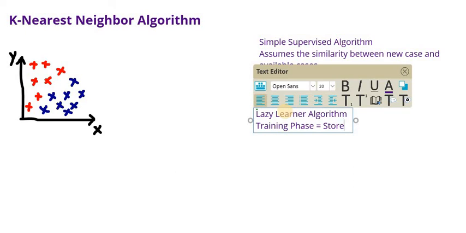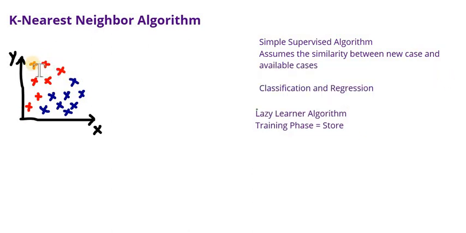So let us discuss a small example so that it will be very clear. Here you can see a graph with two categories of data. One is the red data, another is the blue data. This is the available data. I am going to add a new data.